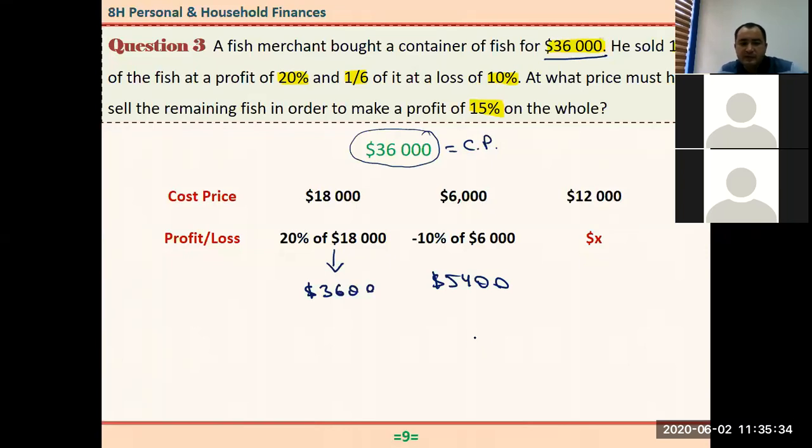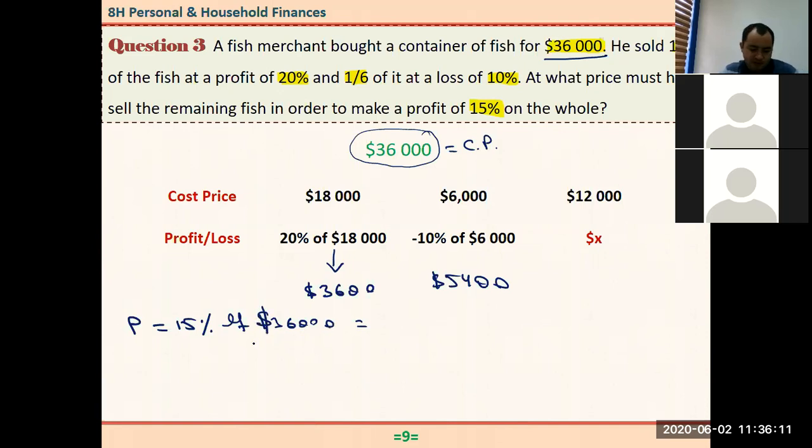Okay. So the question is, at what price must he sell the remaining fish, this X, in order to make a profit of 15% on the whole. So what is our expected profit? Expected profit is 15% of the whole, that is 15% of $36,000.